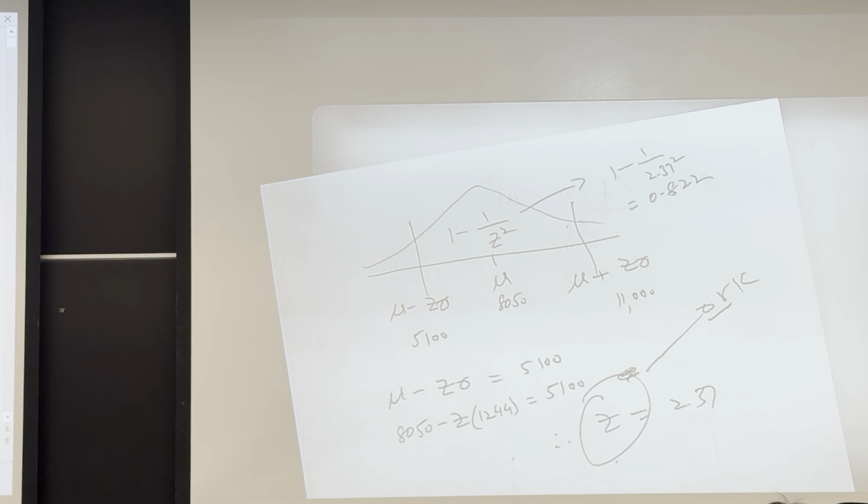It's joint. Two events are happening at the same time: a student is male and also in CDP. Joint probability is the probability of more than one event happening at the same time.